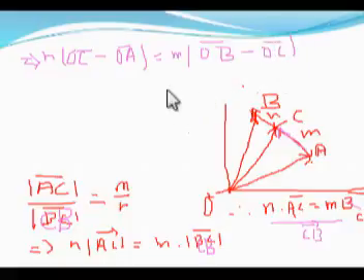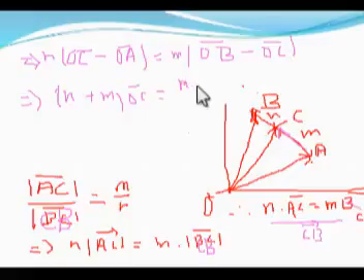Now we have to calculate. We will take OC in the left side. So this will be n plus m into OC vector on the left-hand side. On the right-hand side it will be m into OB vector plus n into OA vector. So it is very easy to prove.